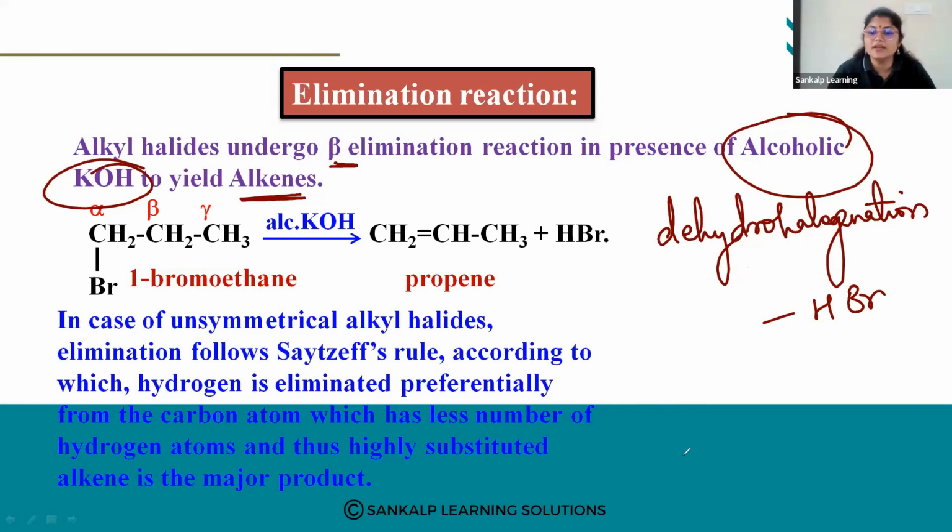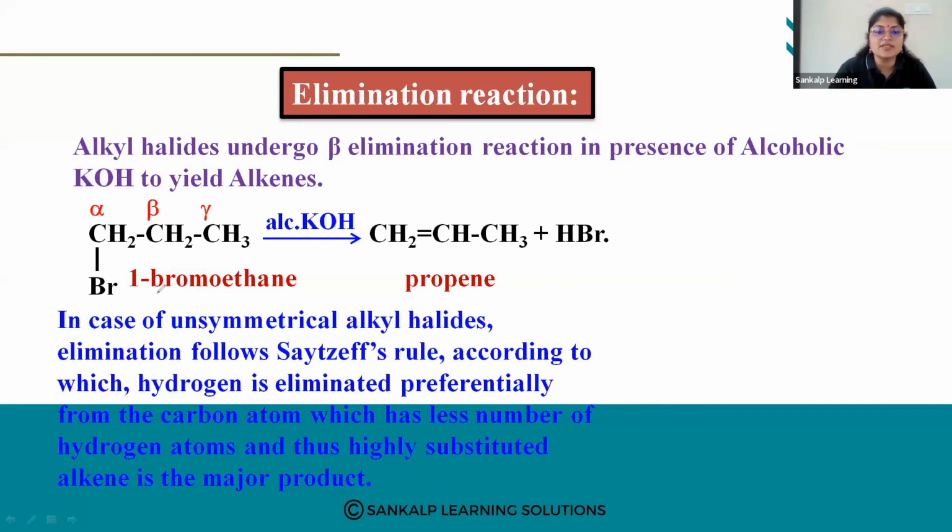Now I will go with the example. This is 1-bromoethane. Nearest to the halide group, this is the alpha carbon, this is the beta carbon, this is the gamma carbon. It is treated with alcoholic KOH.